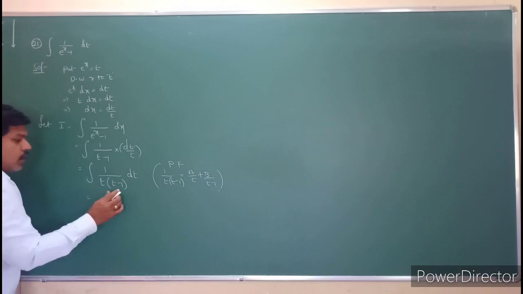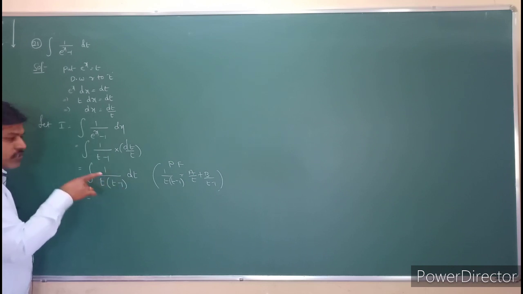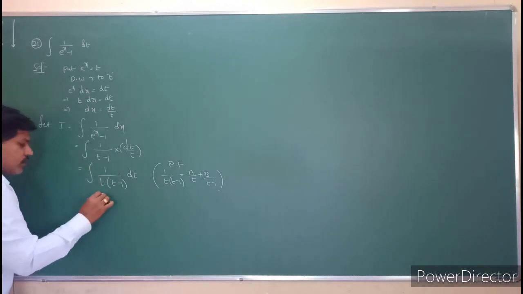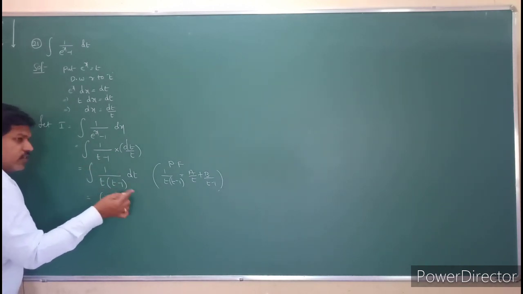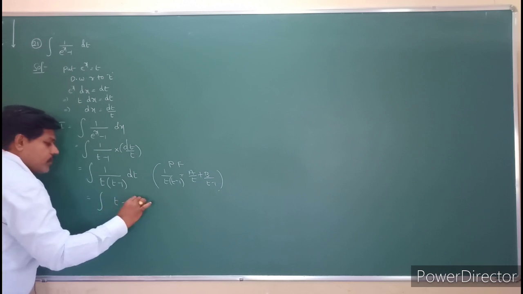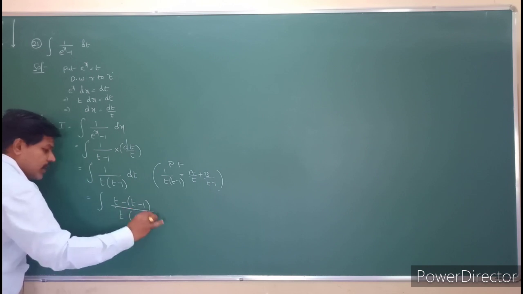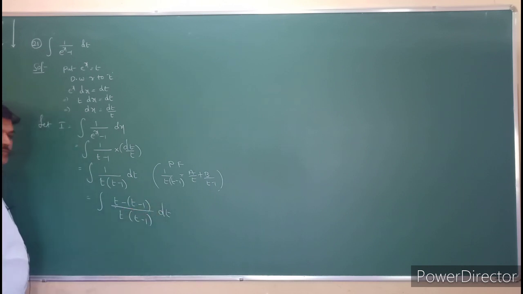So see that one, t minus 1 and t. What is the difference? The minus 1 is there, yes or no? So the difference is minus 1. So that is a constant. Here already 1 is there. So what I will do, this t into t minus 1, you can write as t minus of minus t minus 1, by t into t minus 1, into dt.